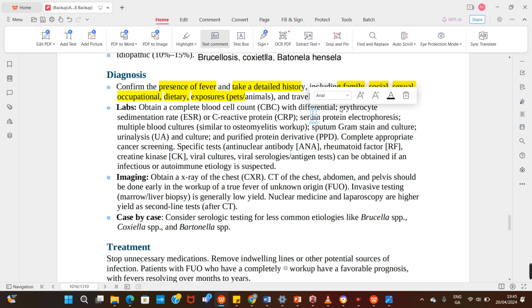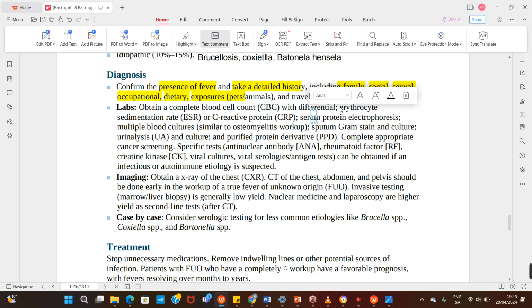You want to do multiple blood cultures. Very important to make a diagnosis of somebody with endocarditis, somebody with osteomyelitis, right? Sputum gram stain and culture for tuberculosis. Your PPD for tuberculosis, acid-fast stain for tuberculosis, urinalysis and culture.